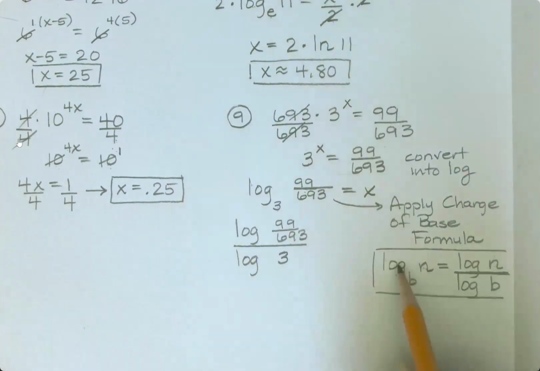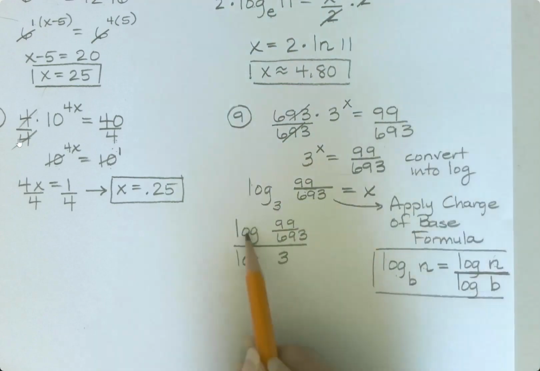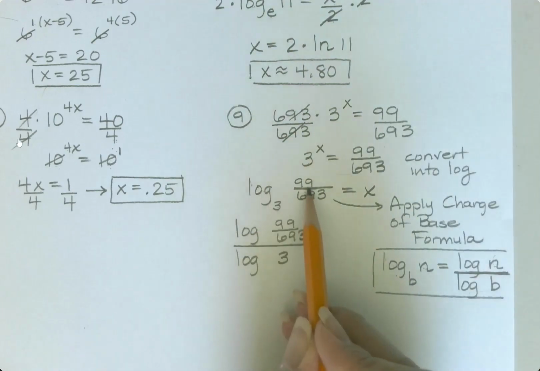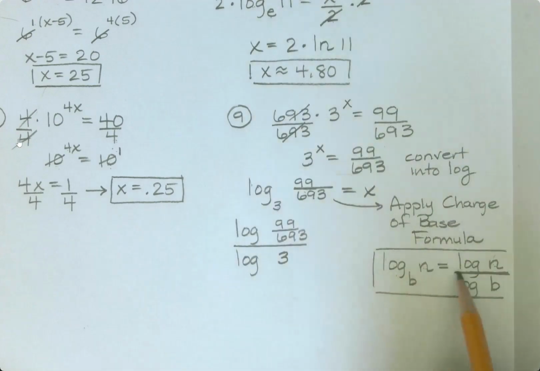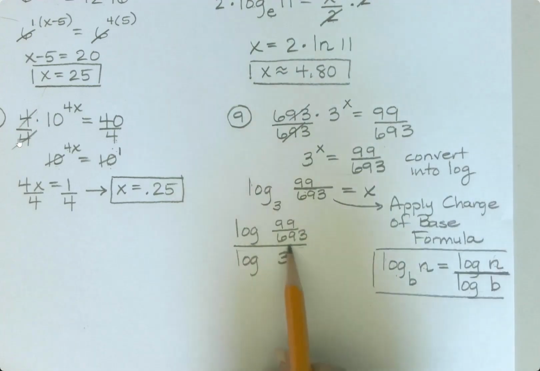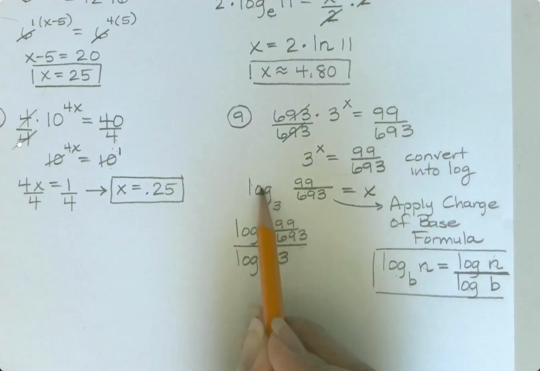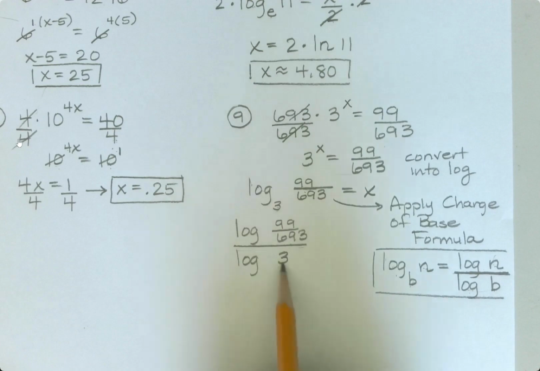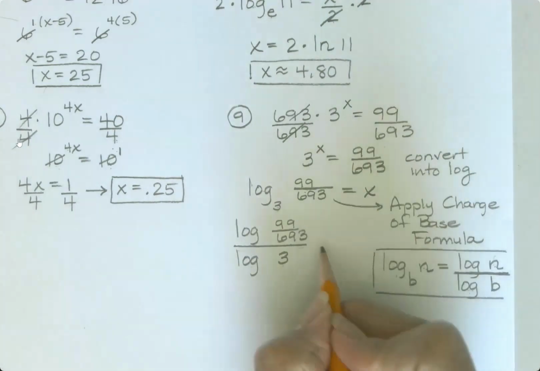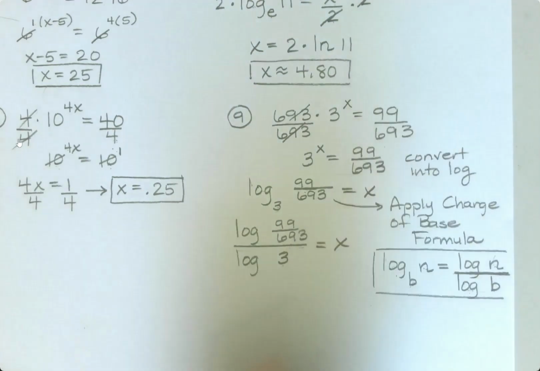So again, log of n, then I'm going to put my quotient, divide bar, log b. My log b is log 3, equals x.